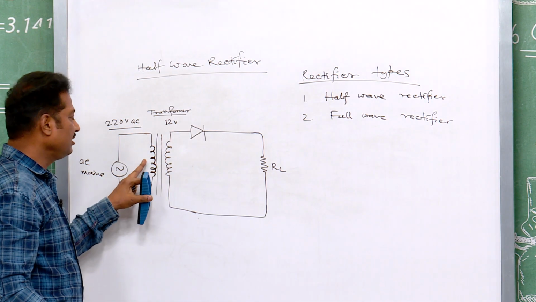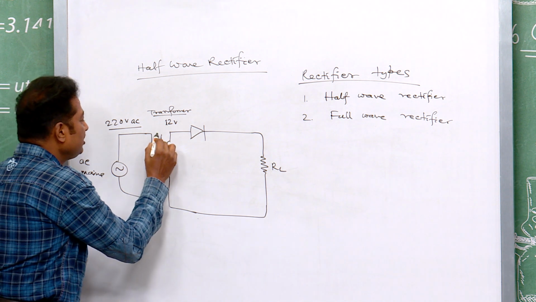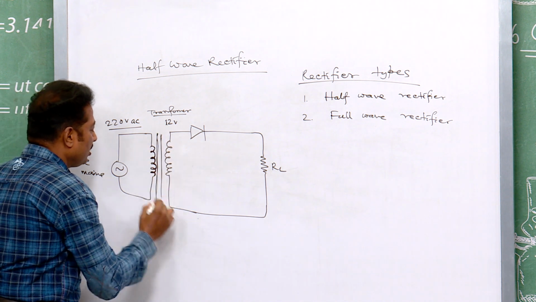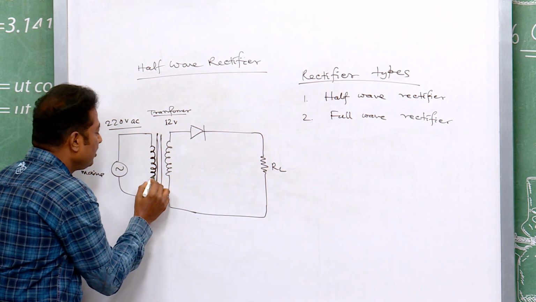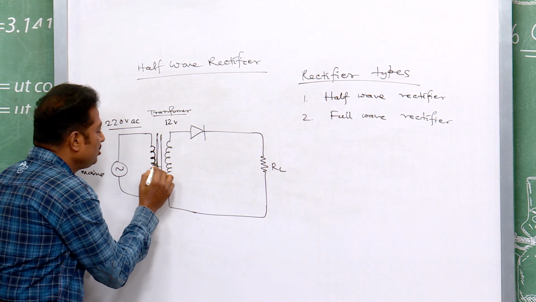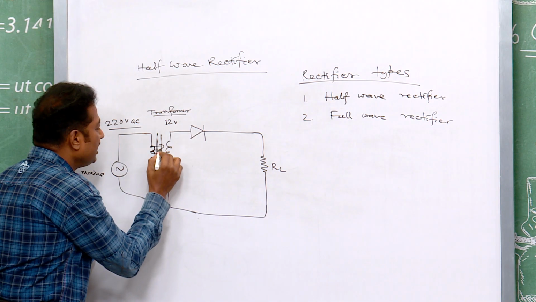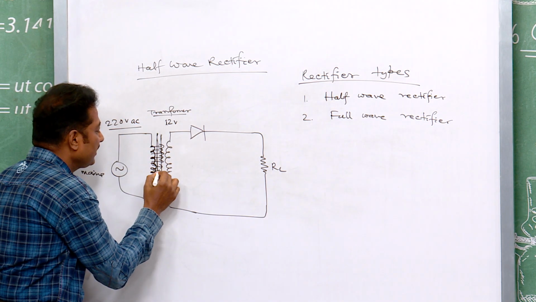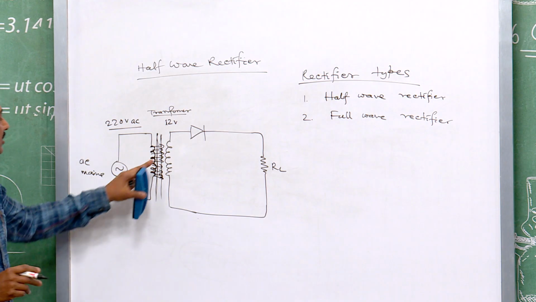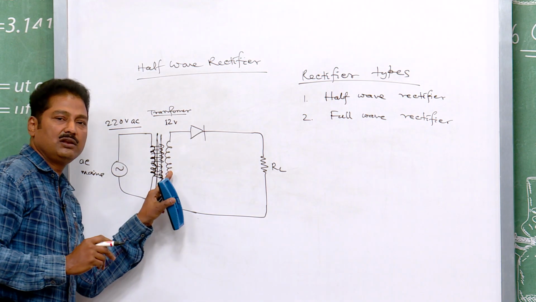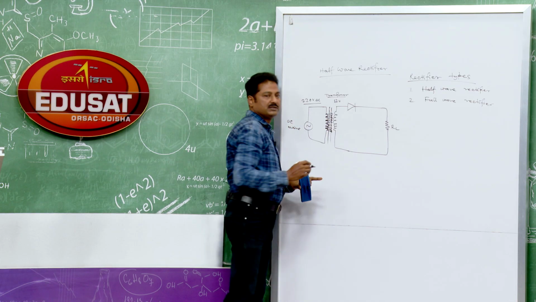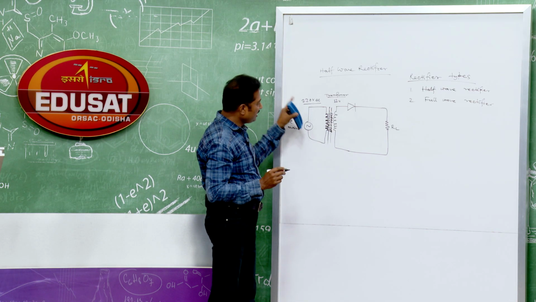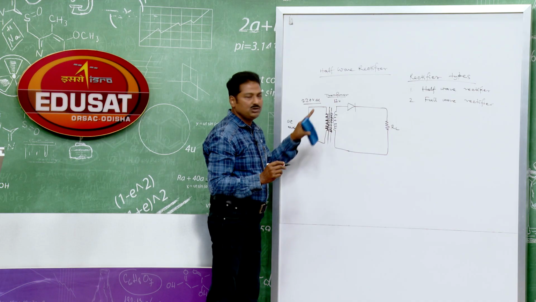It is called secondary turn, it is called primary turn, and this is your core, soft core. That means, it gives easy path for the magnetic flux to link with the secondary. So, when secondary coil will get the flux, it will give you the voltage, and this is 220 volt AC mains, you are getting 12 volt.